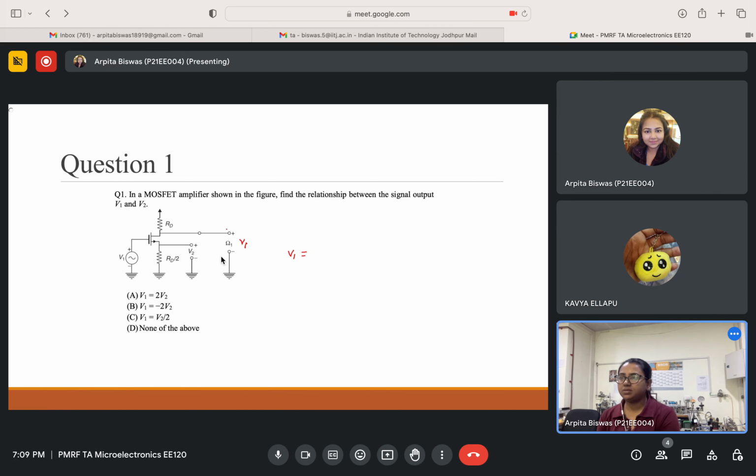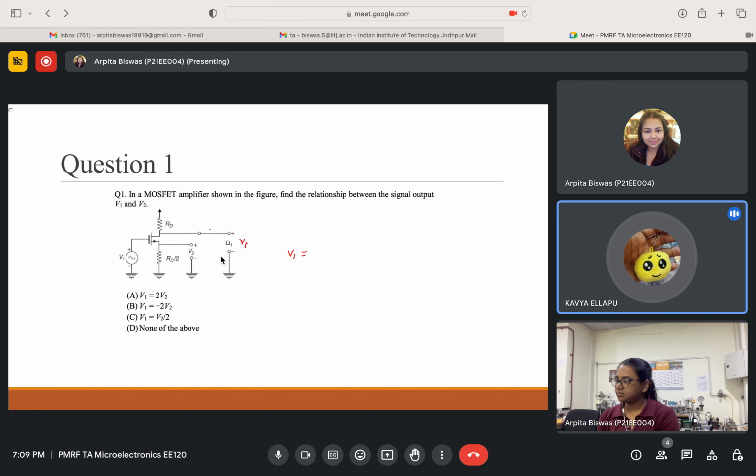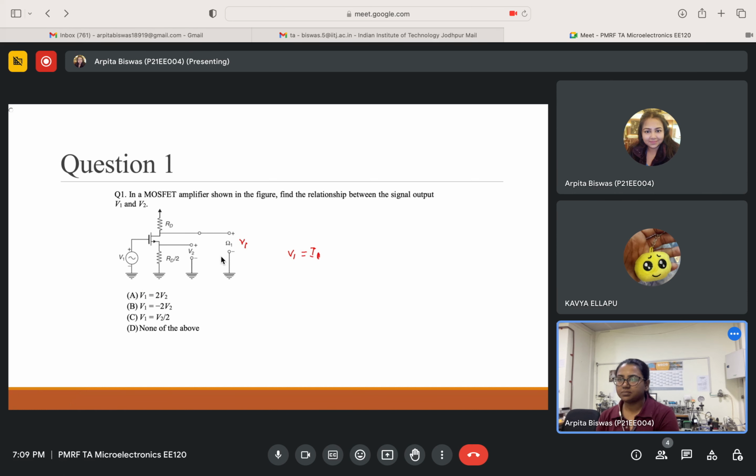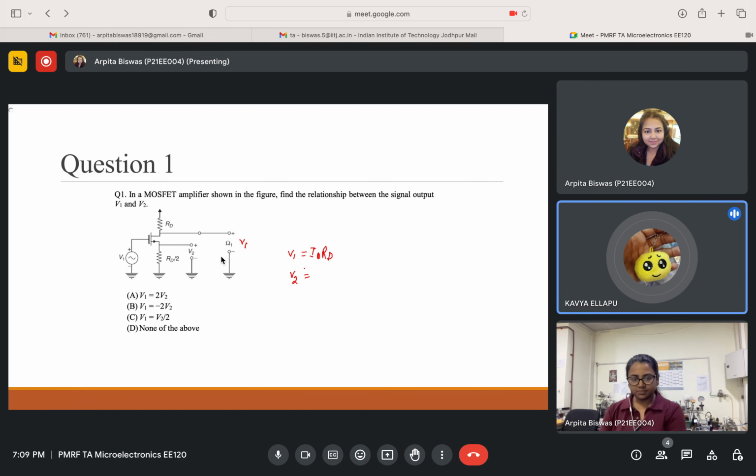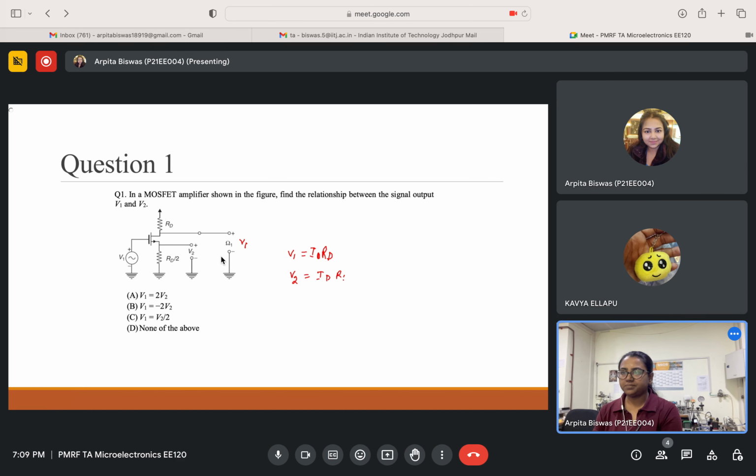ID into RD, ma'am. Then what is the value of V2? ID into RD by 2. Now we can replace this ID RD by V1, then V2 is V1 by 2. Now tell me which option is satisfying here.